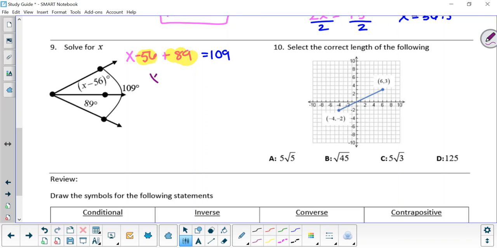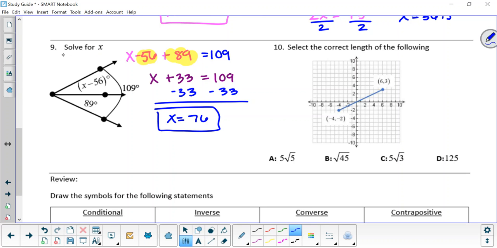So that leaves me with x plus 33 equals 109. There's my equation. All I have to do is subtract 33. So x equals 76. And that's all I have to do because the directions just tell me to solve for x.